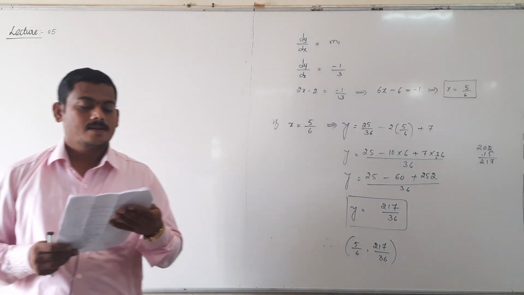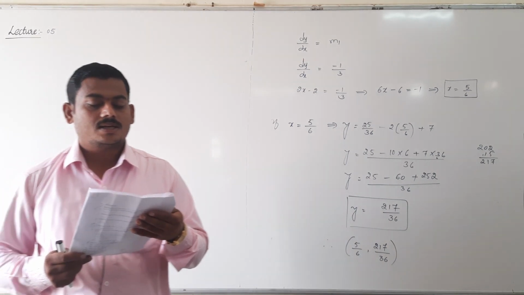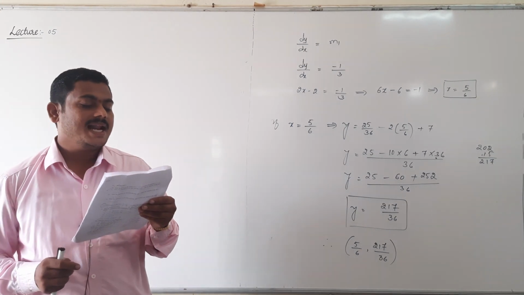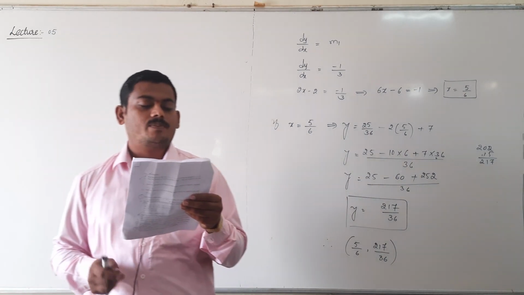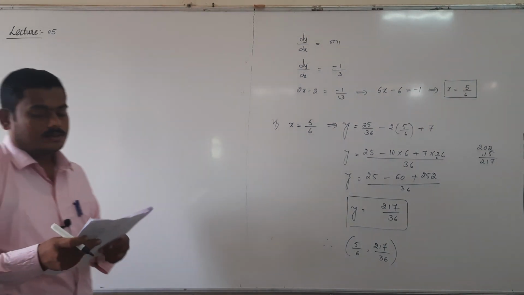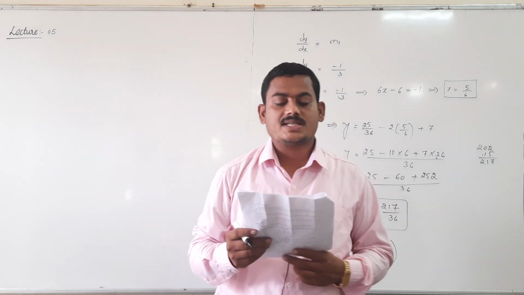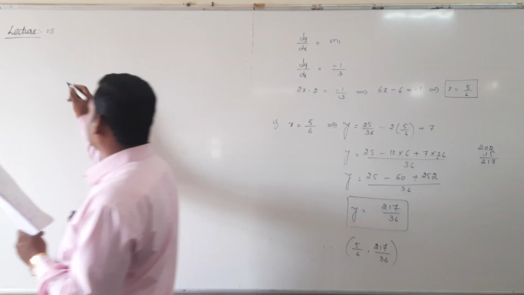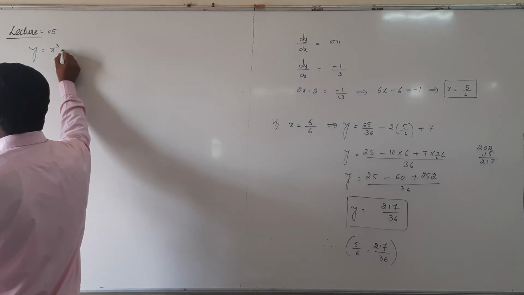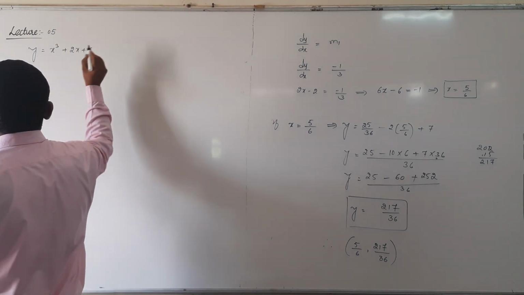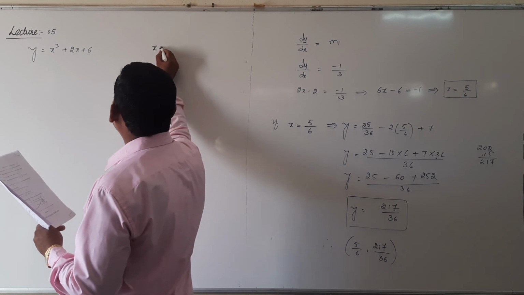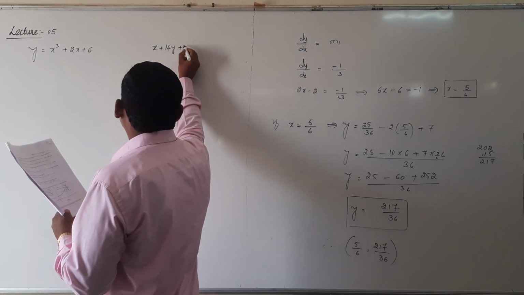I will read the question. Find the equation of the normals to the curve y is equal to x cube plus 2x plus 6 which are parallel to the line x plus 14y plus 4 equal to 0.